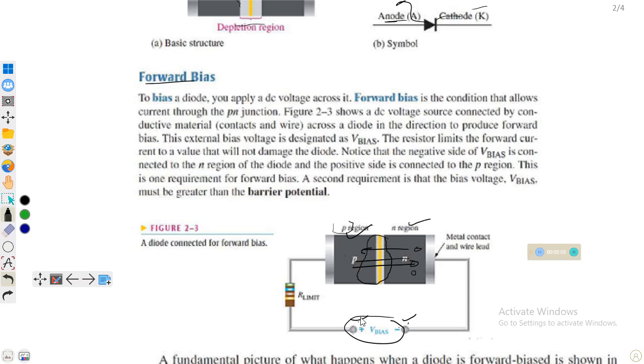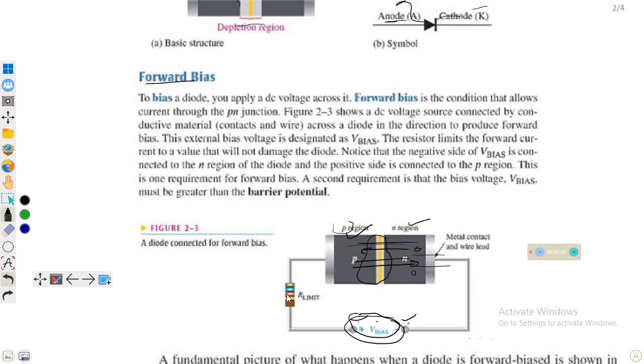If we increase this bias voltage, it will compel these electrons to go from this region to this one. These electrons cannot go in the other direction because of the same polarity, and you know that negative and negative repel each other, so electrons will not come in this direction, they will go in this direction.